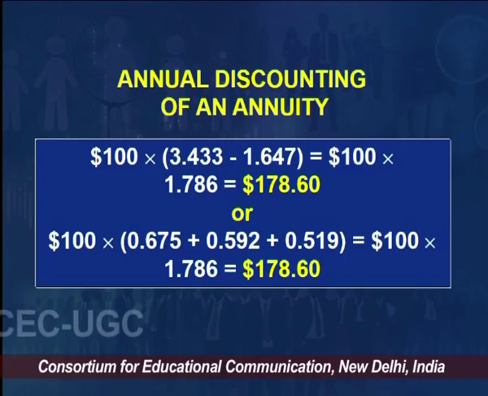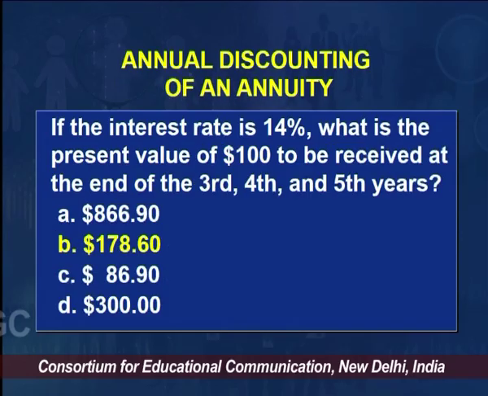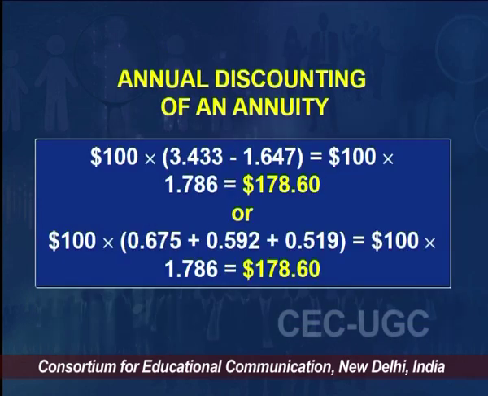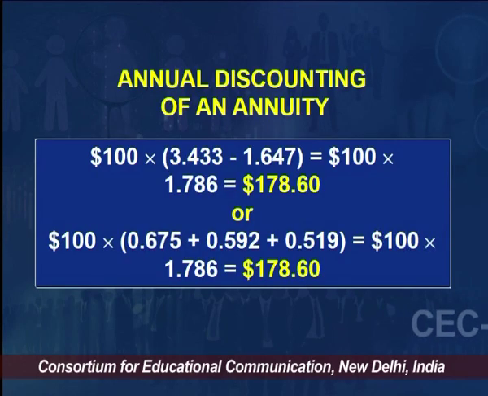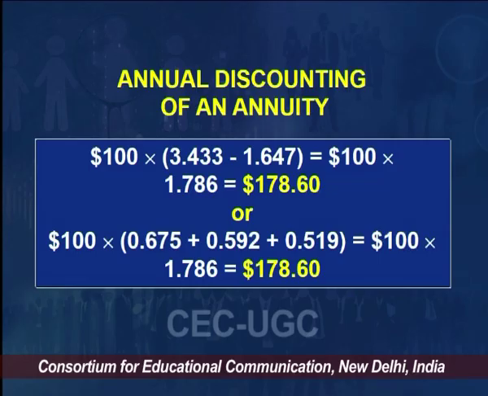Or the other way around, from the table for a single rupee or single dollar, we can take the factors for the third, fourth and fifth year, as the question was. The factor would be 0.675 for the third year, 0.592 for the fourth year, and 0.519 for the fifth year.